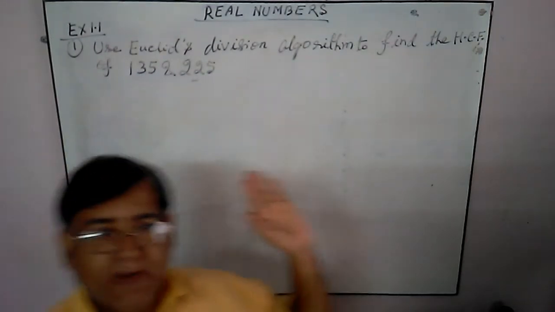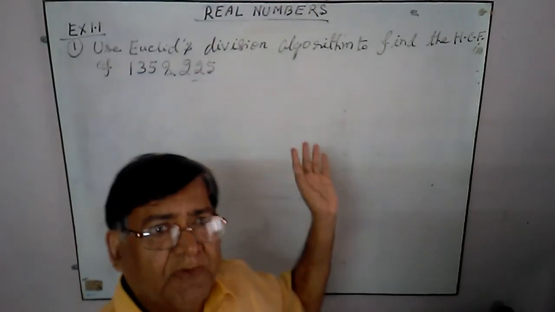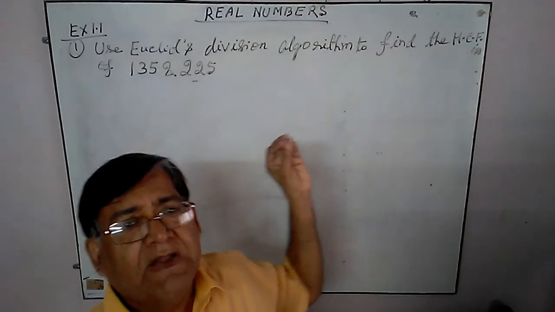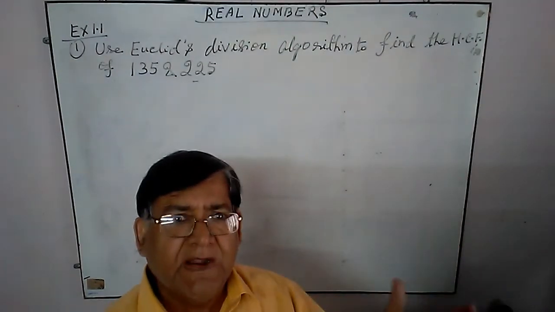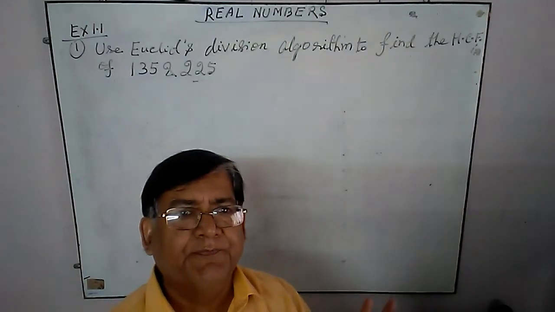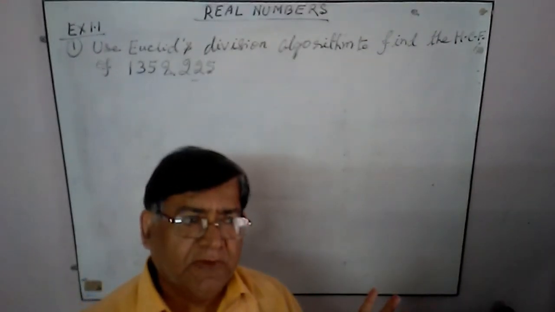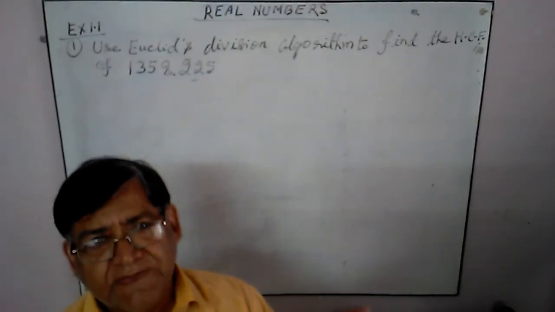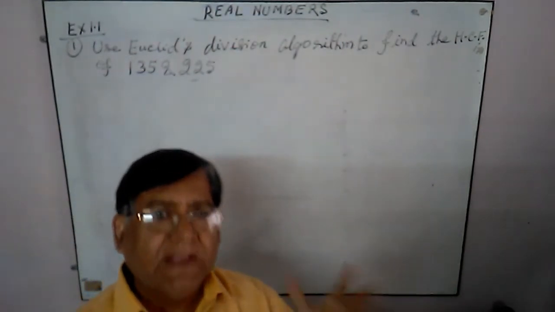What is this Euclid's algorithm method? Out of the two given numbers, first of all, take the smaller number as the divisor and the bigger number as the dividend, and start doing the division till you get the remainder 0. If the remainder is 0, then see the value of the divisor. The divisor will be the HCF.